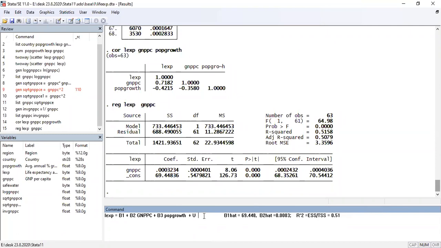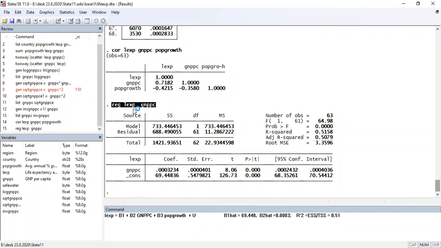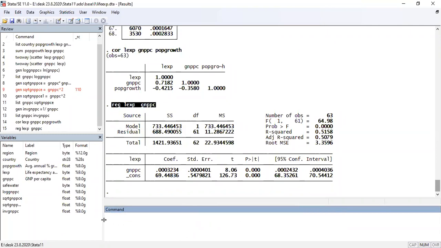How you run that regression is again very simple for us in the software, not in the theoretical part. That's why I would like to avoid it in the theoretical part, because that unnecessarily complicates our analysis. So what I do here again is REG, Y, LEXP, GNP per capita, and what else?